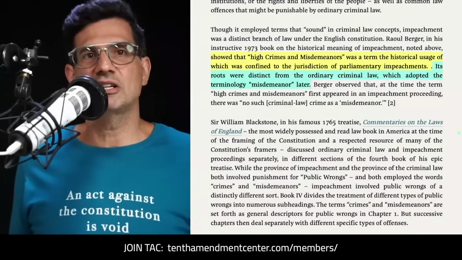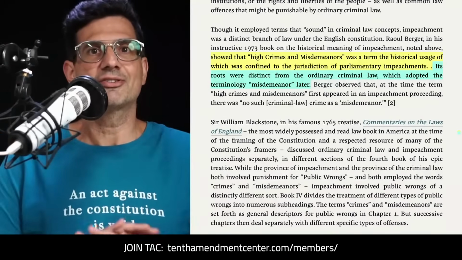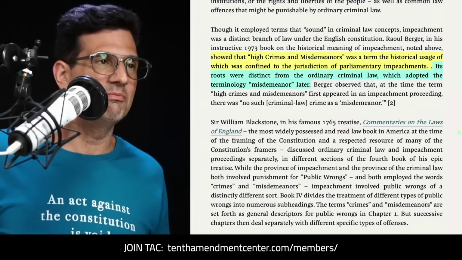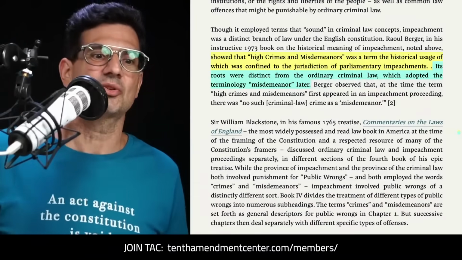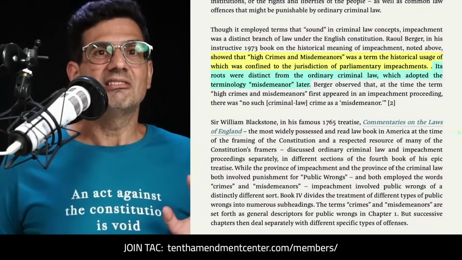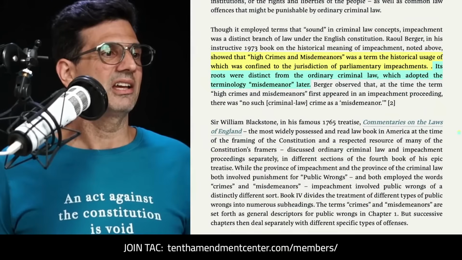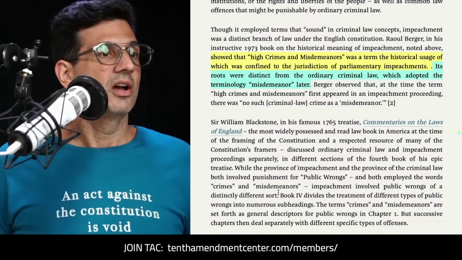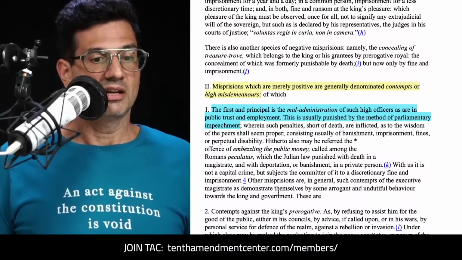Now, of course, the founding generation, the framers, the ratifiers, all these people, they were familiar with all this. They knew this history very well because they did a lot of reading, especially things like Sir William Blackstone's Commentaries on the Laws of England.